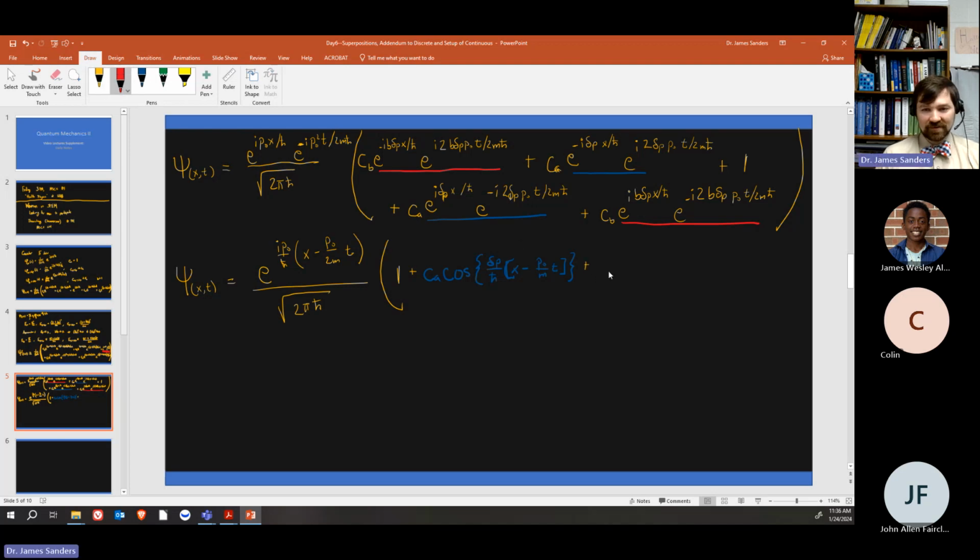And then our last term, our outer terms, will look like this. And again, we have B times delta P over h bar, and then in parentheses there, x minus p naught over m times t.